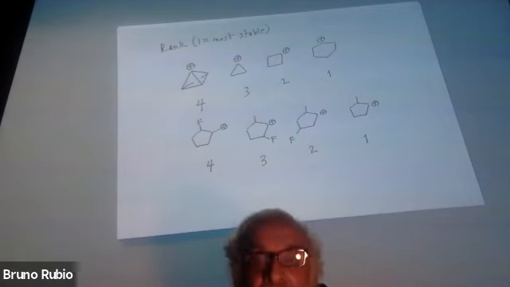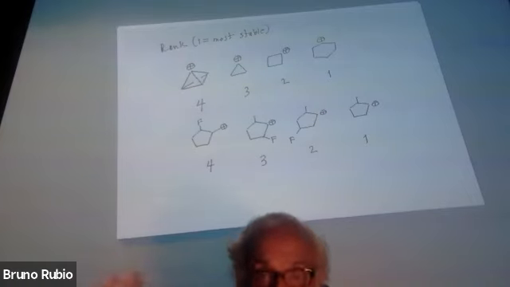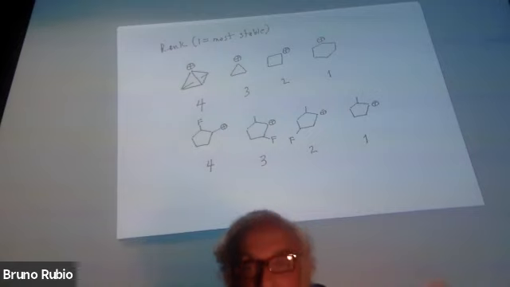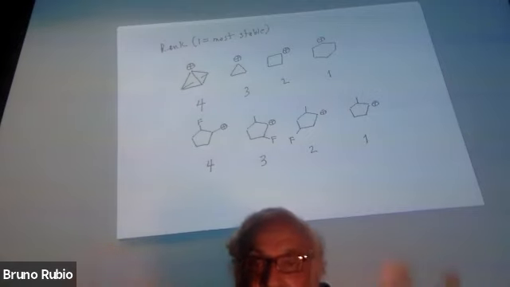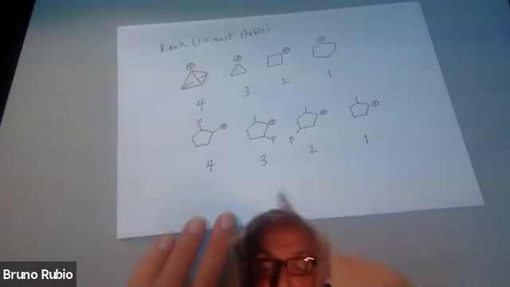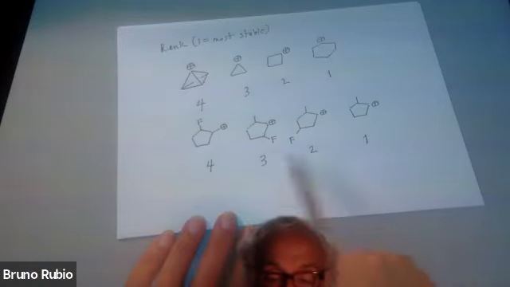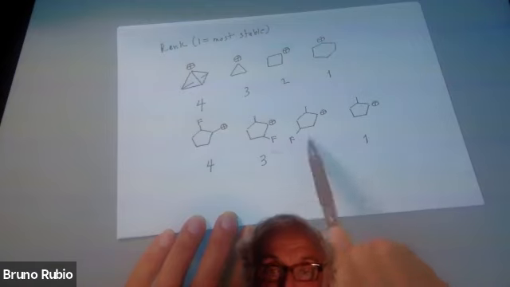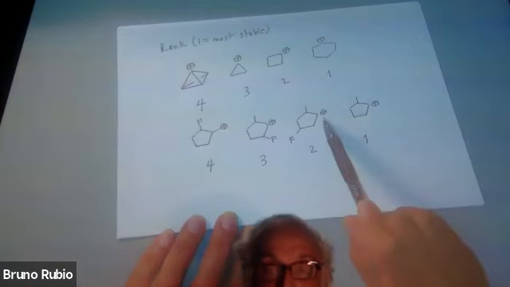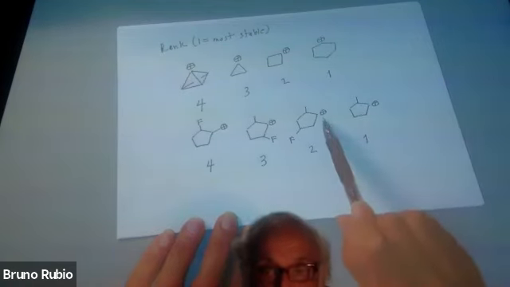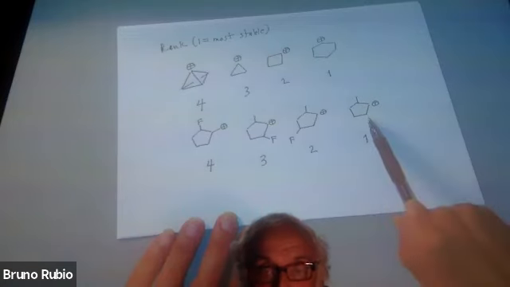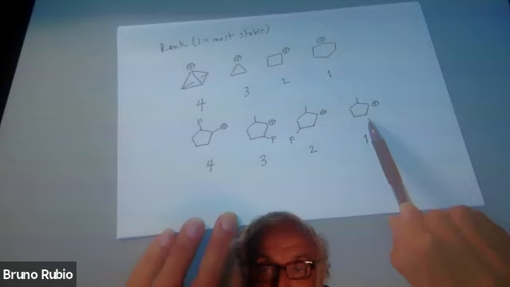Fluorine is a highly electronegative atom. Fluorine is sucking electrons away from other atoms. The fluorine that is present in these molecules is making that carbocation even more electron deficient than this one, which doesn't have a fluorine sucking electrons away.